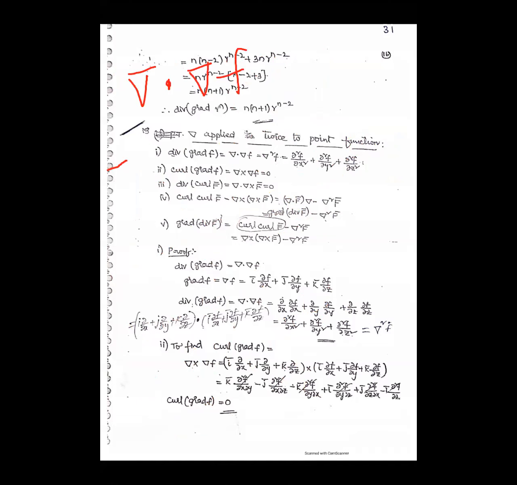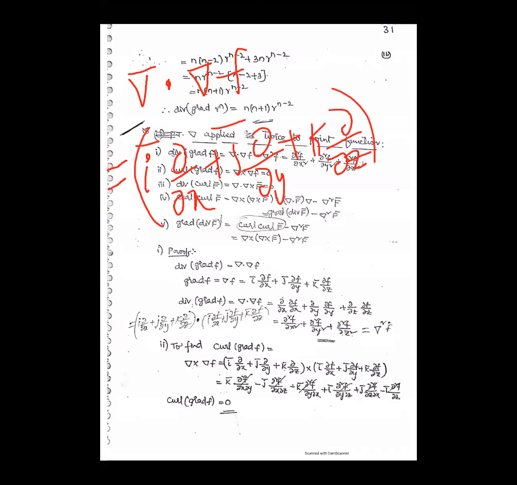First the standard formula of del: i dou by dou x, j dou by dou y, k dou by dou z, dot del f.